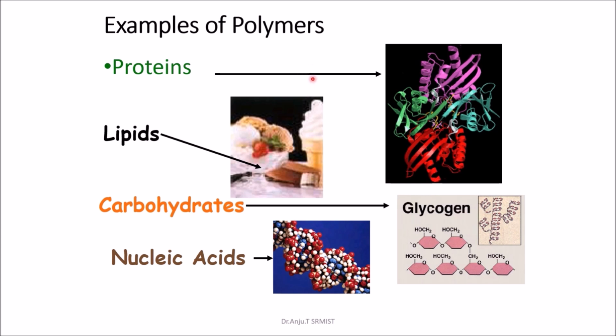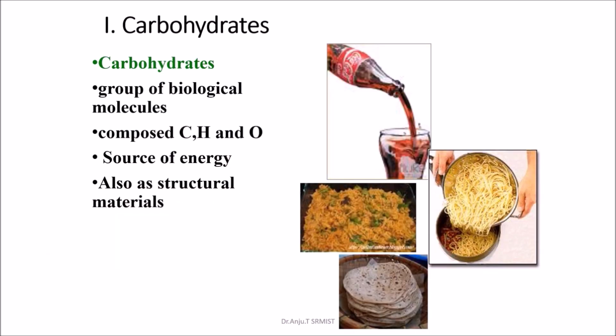They make up most of the structural and functional components of the living organism. Lipids are energy storage molecules. Carbohydrates are energy rich molecules, and nucleic acids are macromolecules which store the genetic information. We will learn in detail about these 4 biomolecules.